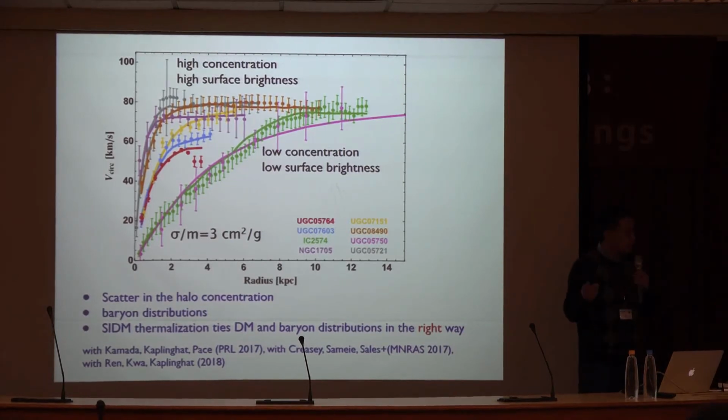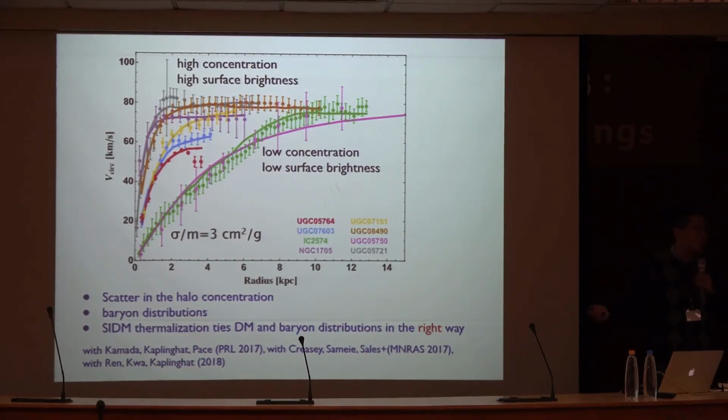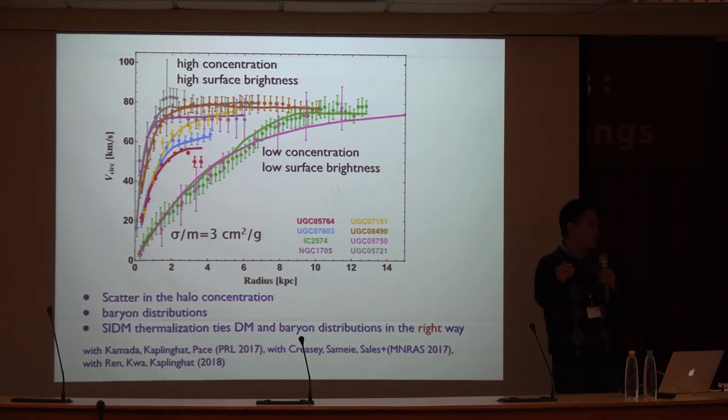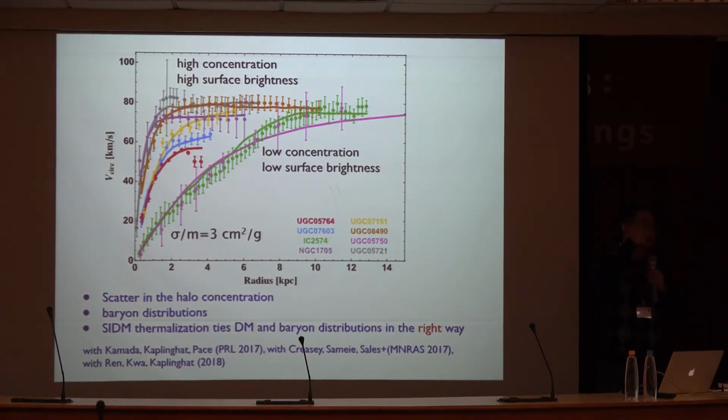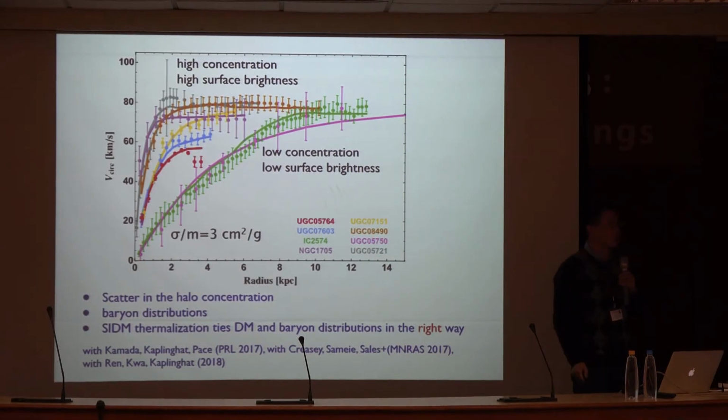This is what you would expect in structure formation: some galaxies are just denser than other galaxies, so you can explain that. For all the 135 galaxies we analyzed, I will show a plot showing the halos are consistent with the Lambda CDM and Lambda SIDM predictions in terms of the concentration-mass relation.